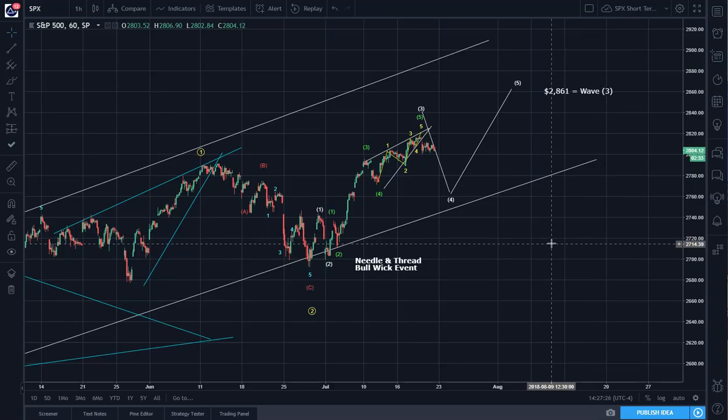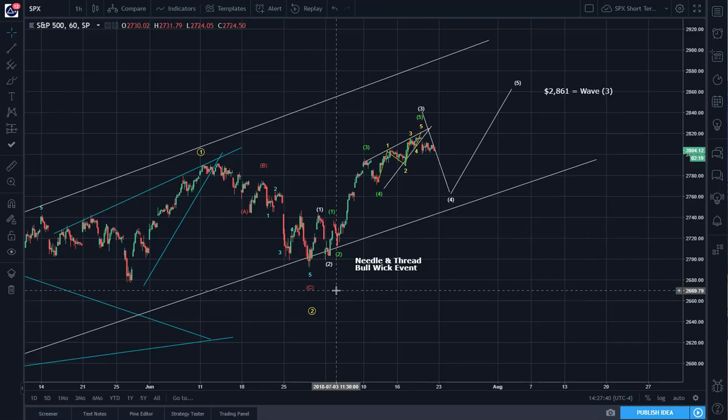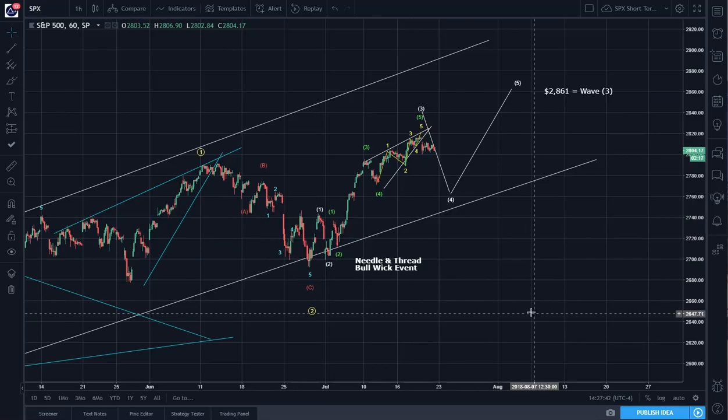Before we do that, let's look at wave 2. Notice how wave 2 was very clean, swift, near vertical, and it's really an ABC. I believe this was a flat, ABC flat.